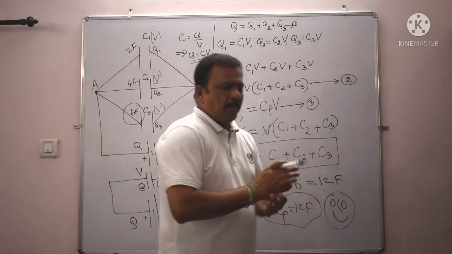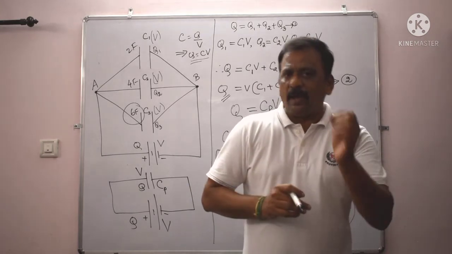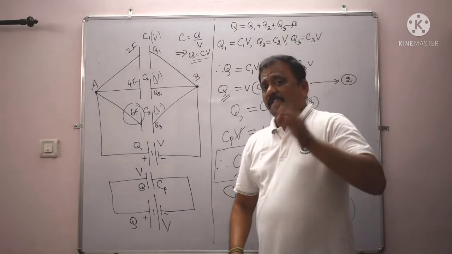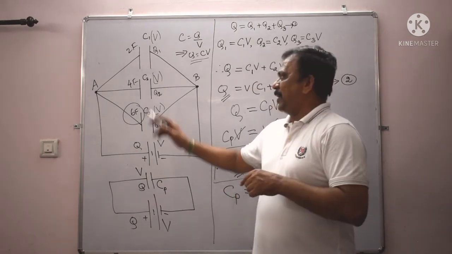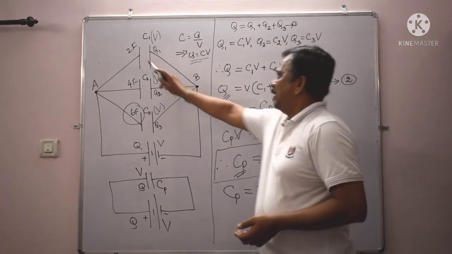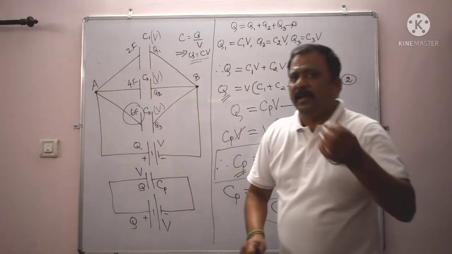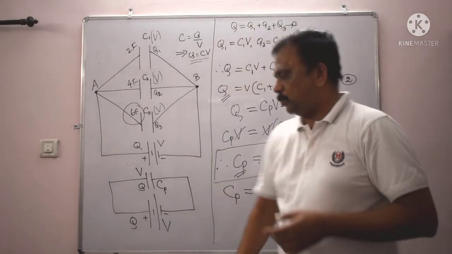So you can connect any number of capacitors in parallel, and if you find the net capacitance, its value will always be greater than the largest capacitance in the circuit, which implies the total capacitance will be greater than all the individual capacitances in the circuit. So remember this last point, don't forget.